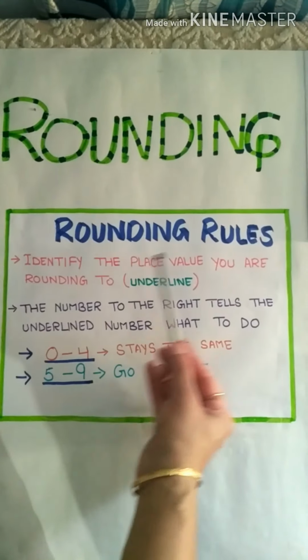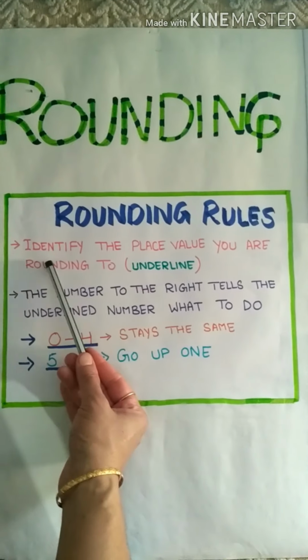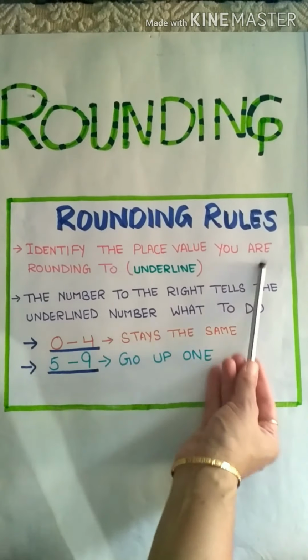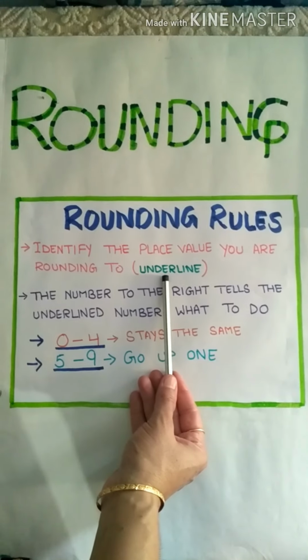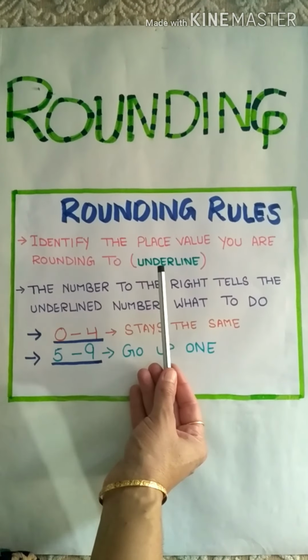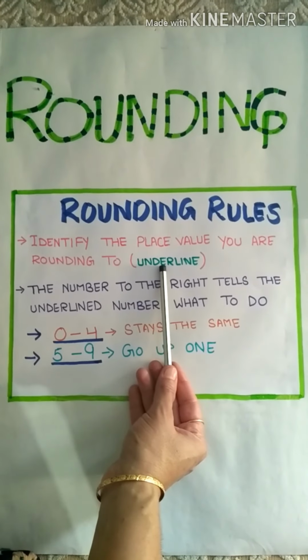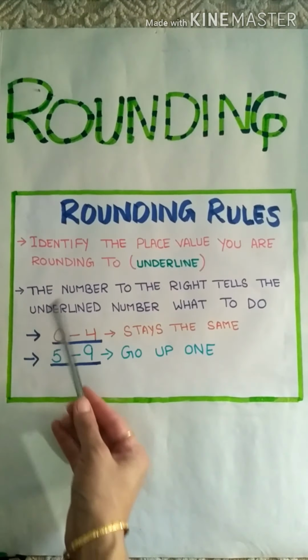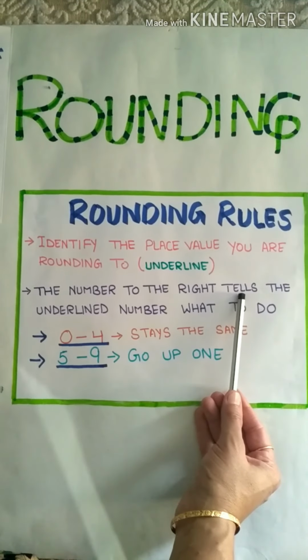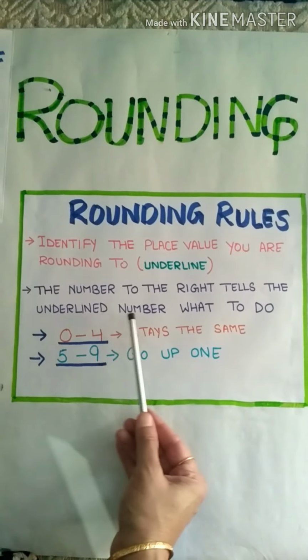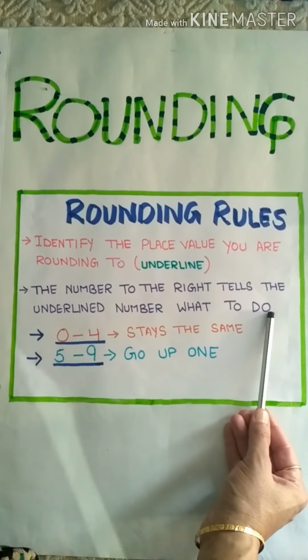Now, the rounding rules are: identify the place value you are rounding to. I prefer to underline that digit which we are going to round off. Then the number to the right tells the underlined number what to do.